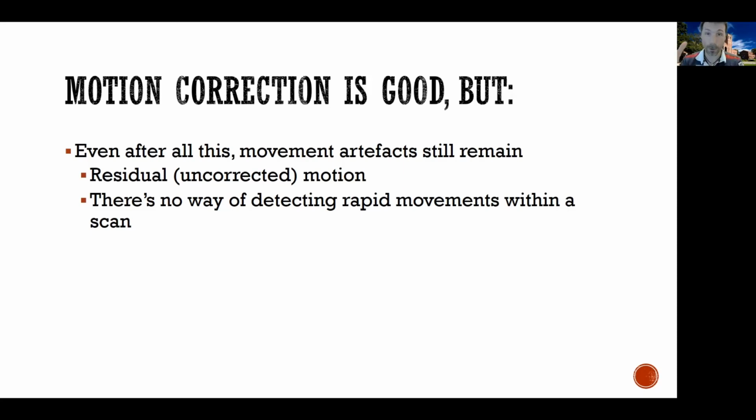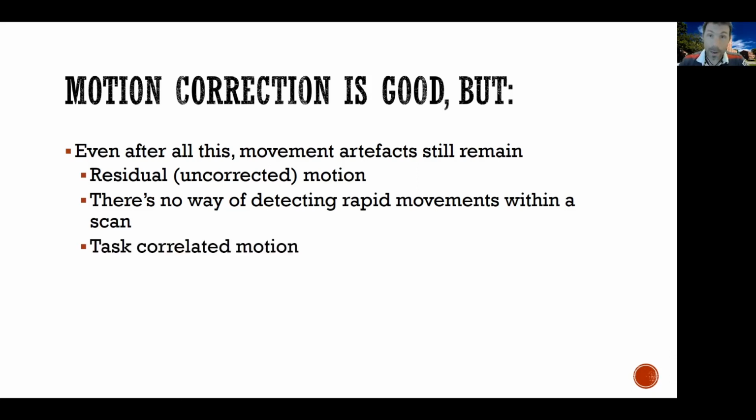It'd be impossible for you to detect that within-TR motion, because we can only detect across-TR motion well. So even though there are means to mitigate motion, they're really not perfect. So the best strategy is always to try to prevent motion from happening beforehand.